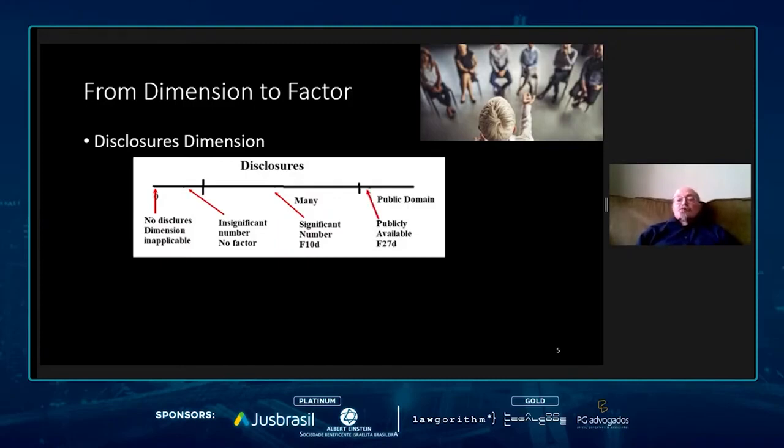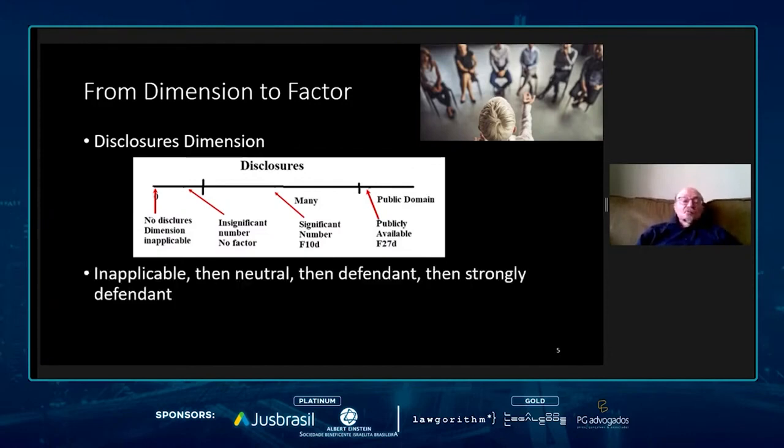And if the information is in the public domain, we have the very strong defendant factor, F27 in the paper. So as we move along the dimension, it's first inapplicable, then neutral, then defendant, then strongly defendant. It never favours the plaintiff.